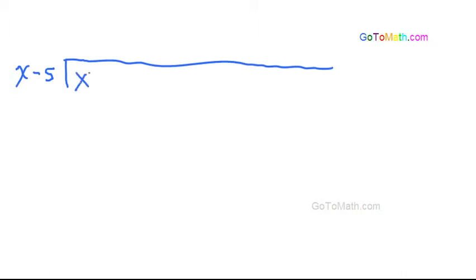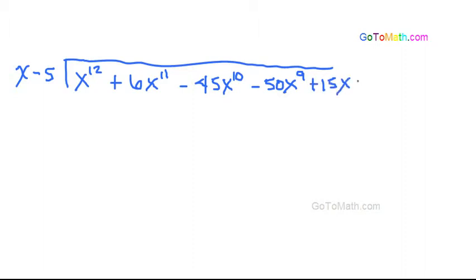So we have x to the 12th plus 6x to the 11th minus 45x to the 10th minus 50x to the 9th plus 15x minus 66.